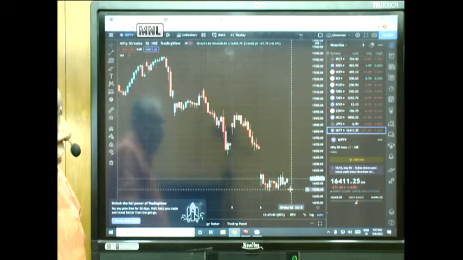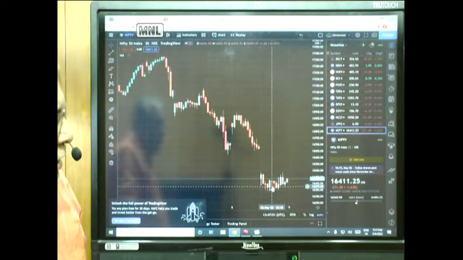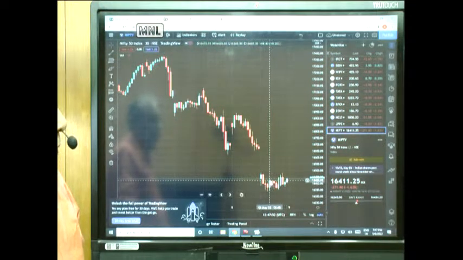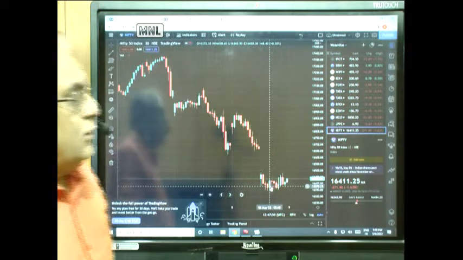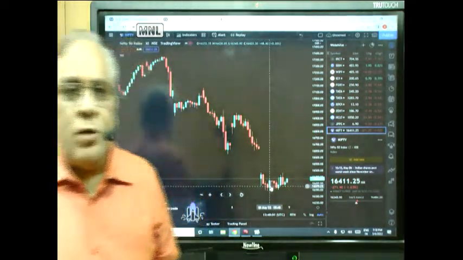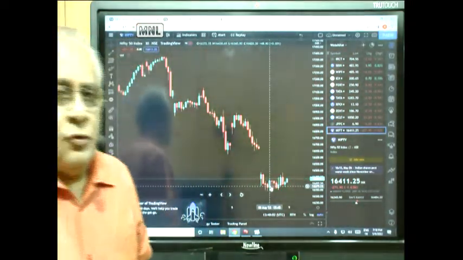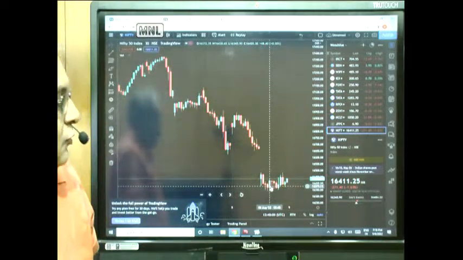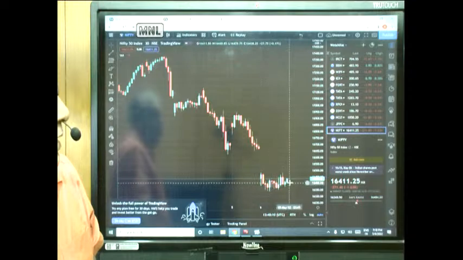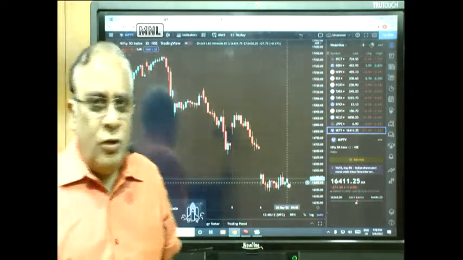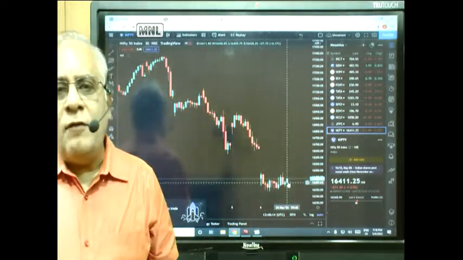So even if you have gone short here and removed your stop loss, let us say this was a short below 16,373 and you removed at 16,430, again a 55 points stop. And today you would have gone long about 430, and today it closed at 438. So even on intraday you might have made a 55 points loss today.